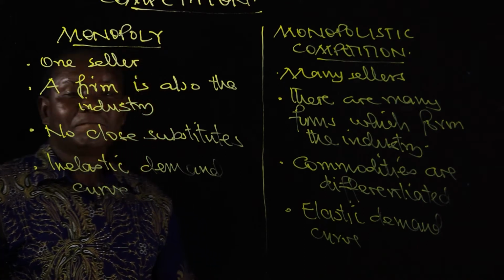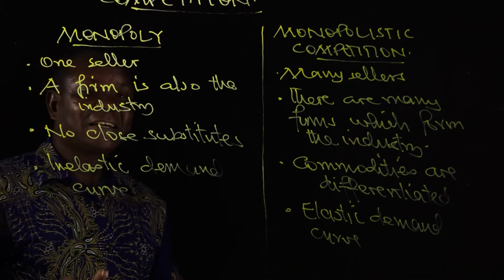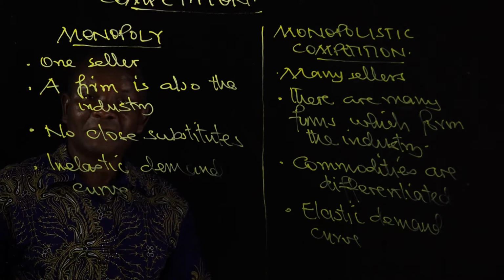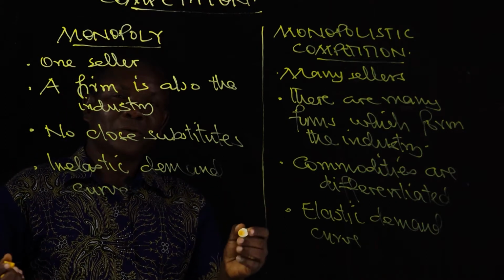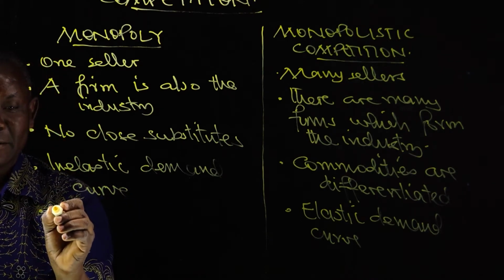Under monopoly, the commodities have no substitutes and face an inelastic demand curve. But if you go through monopoly, we say there is price discrimination.